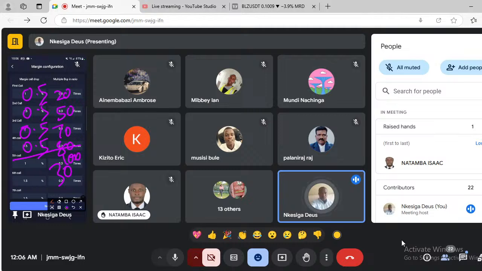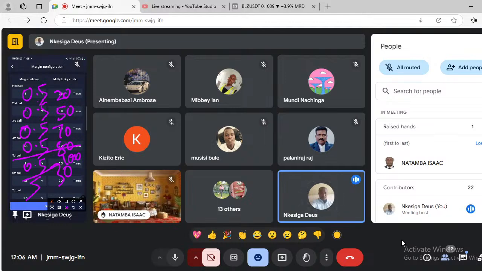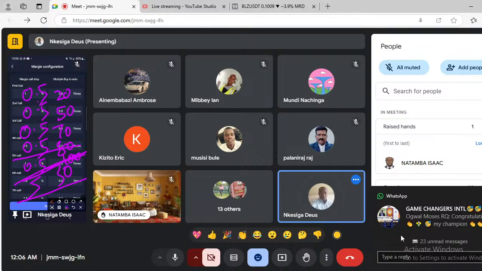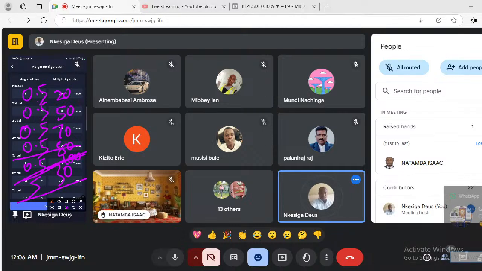When we add the total drop you have, it can't reach even 5%. And after using all your money, they are telling you to add more money for margin calls. Yet your money, you wasted it here.